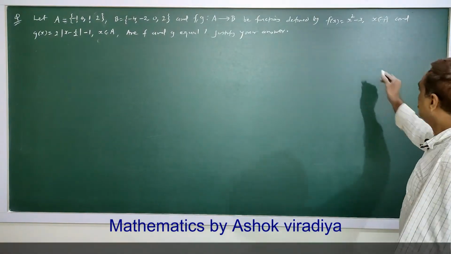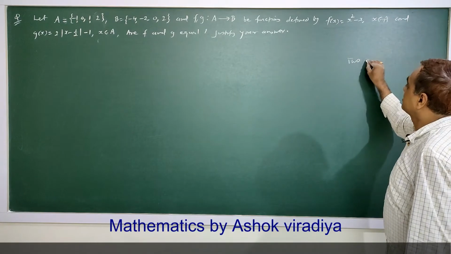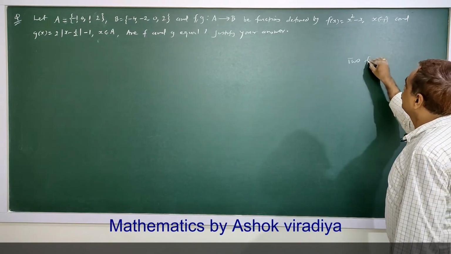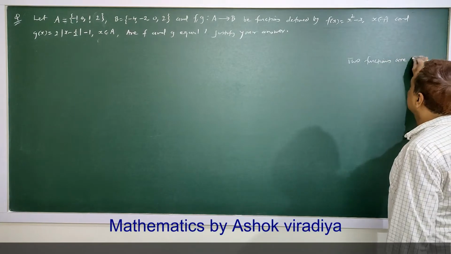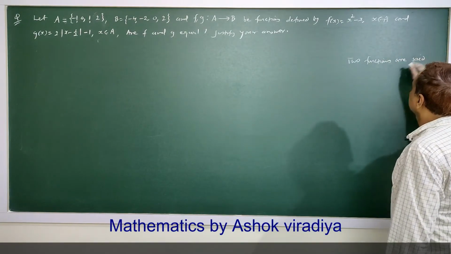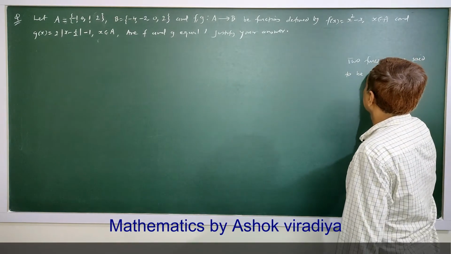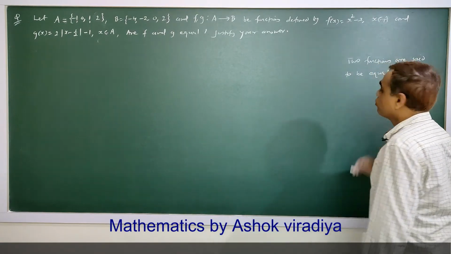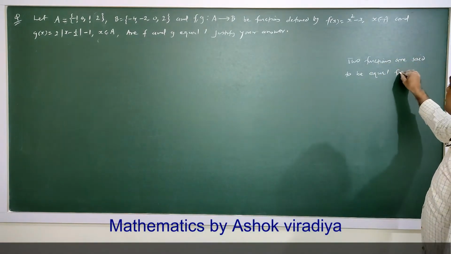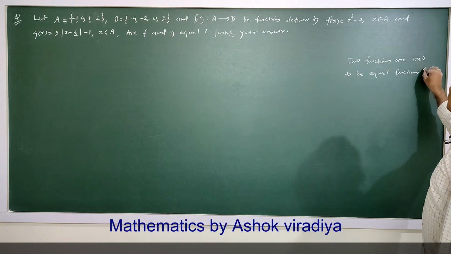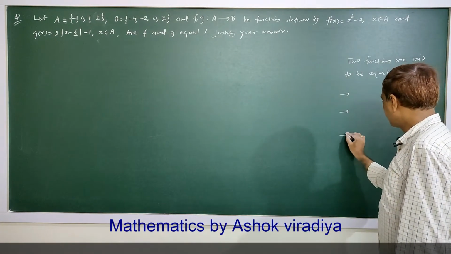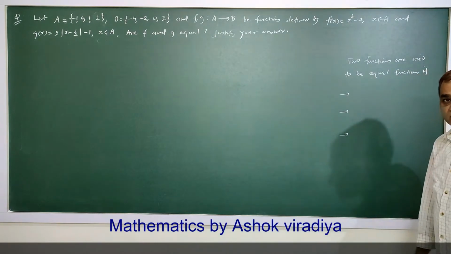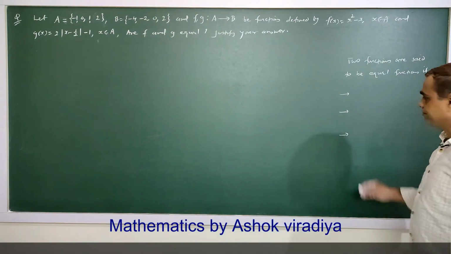Now see, two functions are said to be equal functions if these three conditions are satisfied. Their domains are the same.